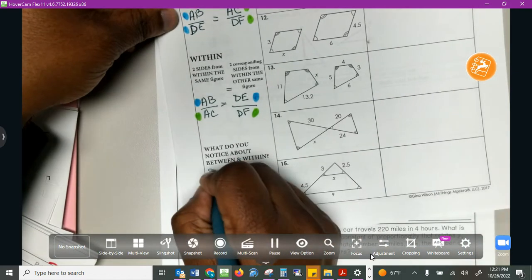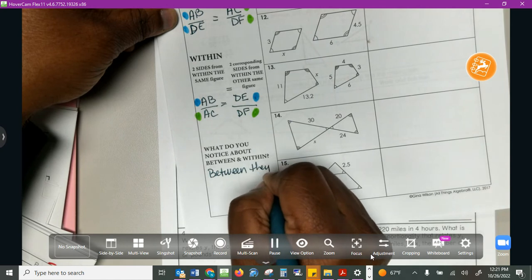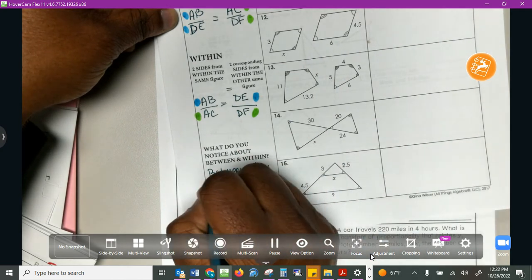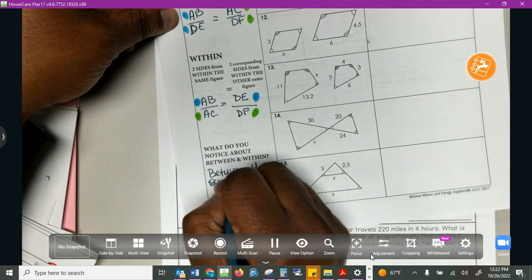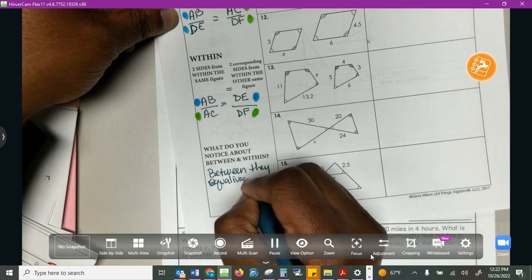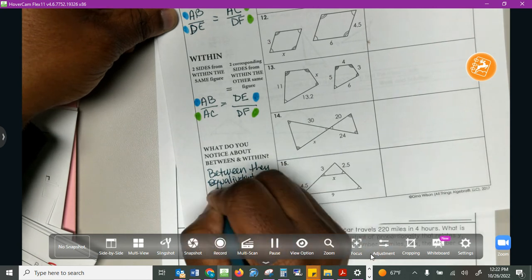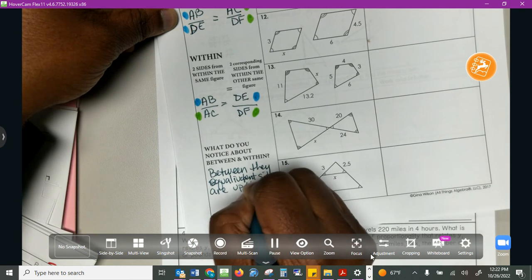That when it's between, the equivalent sides are up or down.